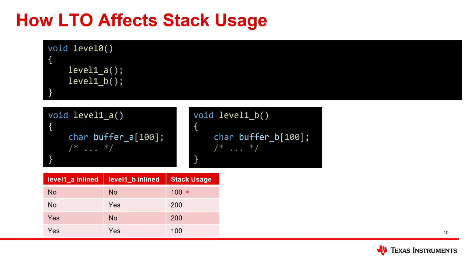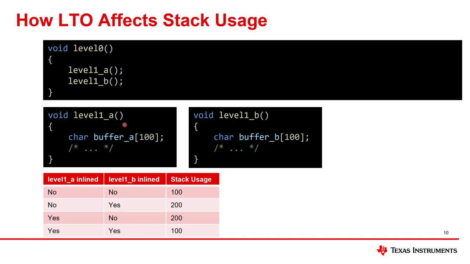This is the case when they're compiled separately. You're going to use 100 bytes because level 1A requires 100 bytes, then it's done. Level 1B runs, it requires 100 bytes. Another way to think about it is they're never active at the same time. These two buffers are never active on the stack at the same time, and so 100 bytes for both of them works just fine.